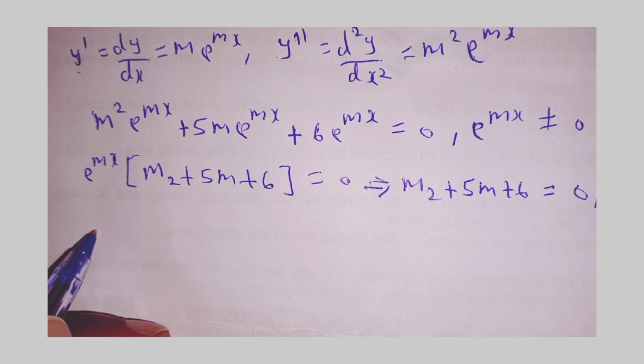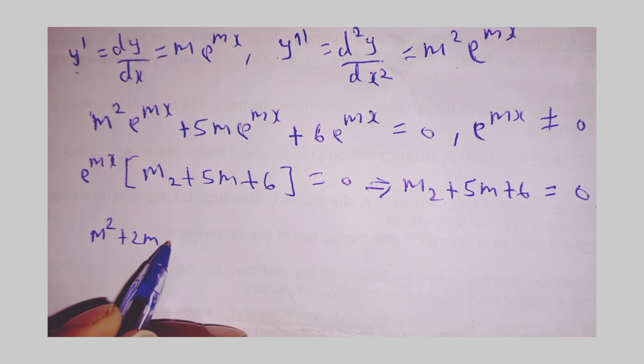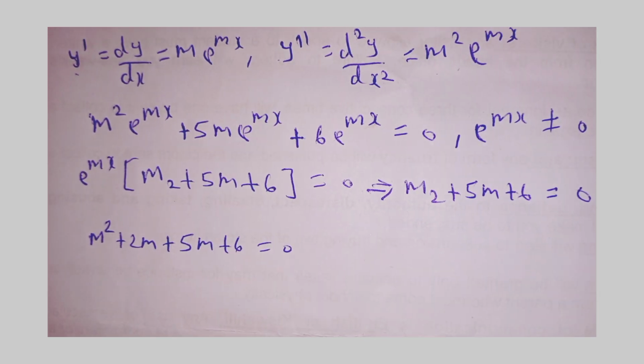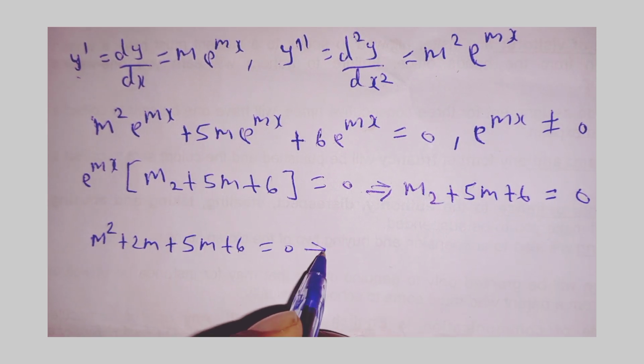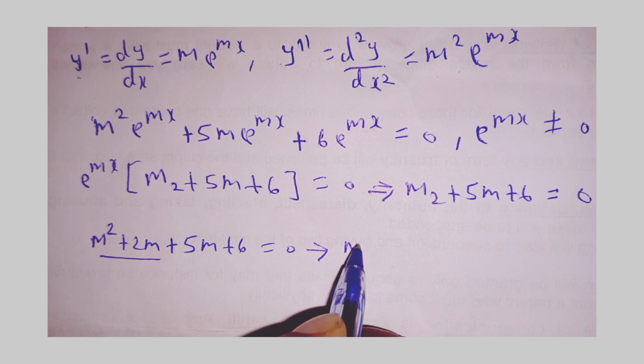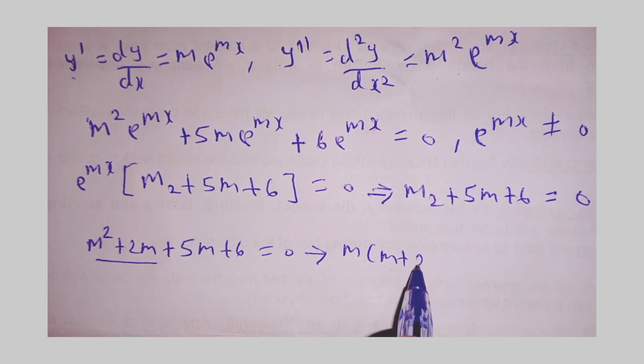So you use them to solve your quadratic. You have m squared plus 2m plus 3m plus 6 is equal to 0. From the first pair, you can factor m and you'll be left with m plus 2.